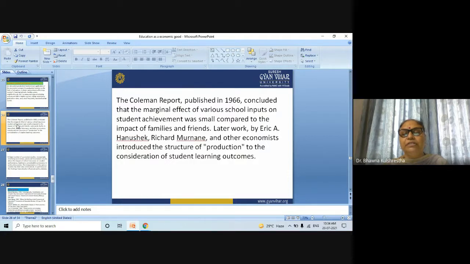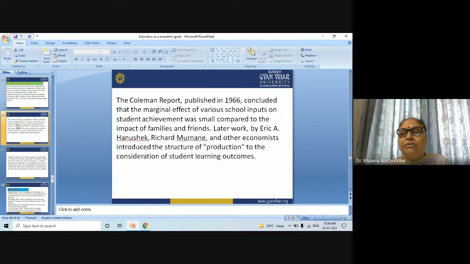Later work by Eric A. Hanushek, Richard Murnane, and other economists introduced the structures of production to the consideration of student learning outcomes.